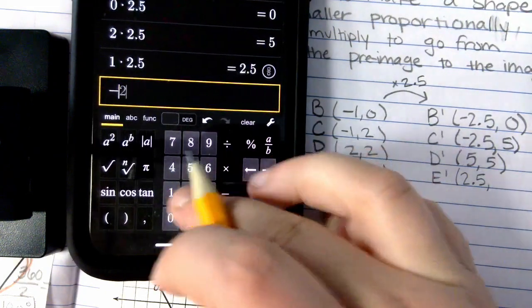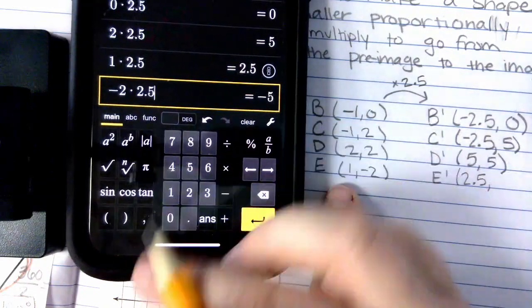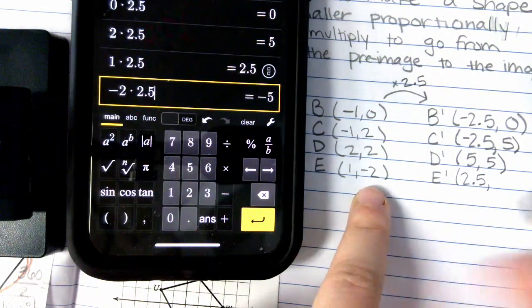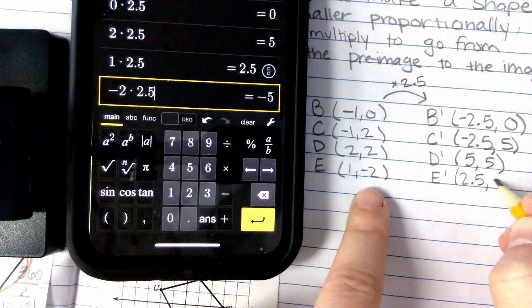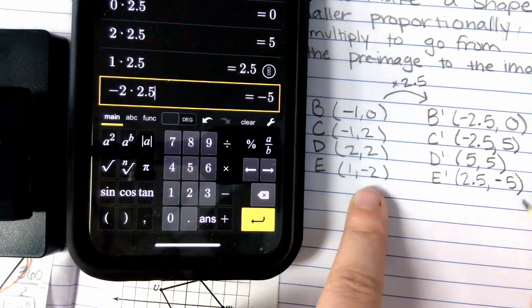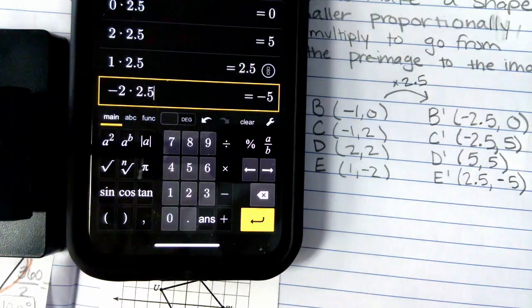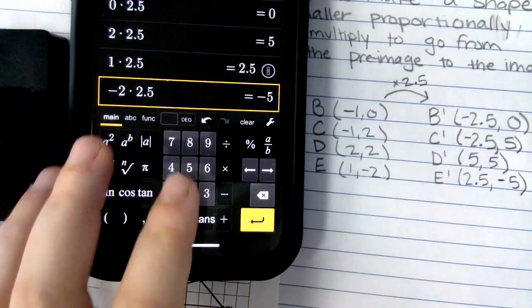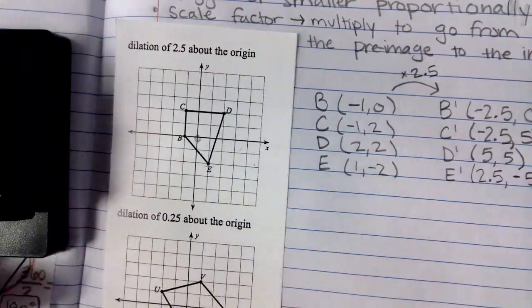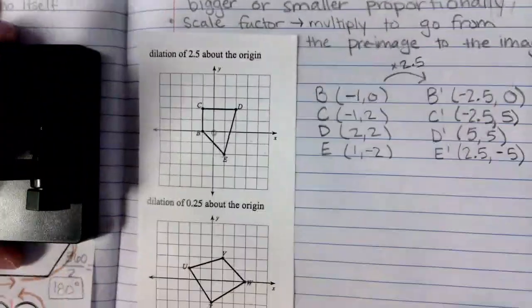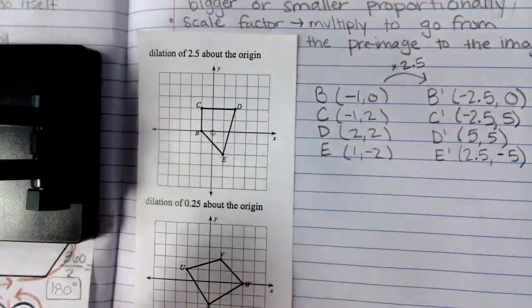Now what's nice is when we do this about the origin is that our ordered pairs should actually stay in the same quadrant, because it's going to look like it's just getting enlarged over that space. So nothing really should move out of the space that it's in. So D should still be up here, C should be over here, B should still be on that x-axis, E should be down here still.